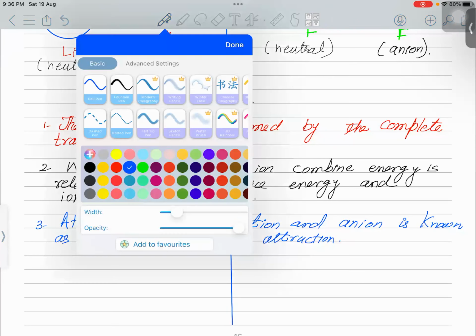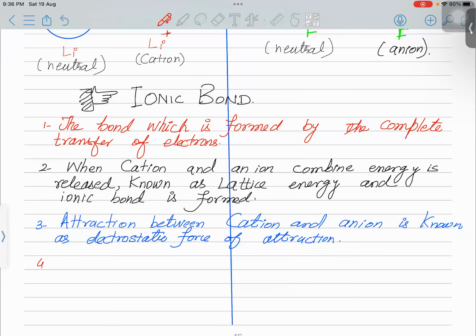Point number 4, ionic bonding is the strongest bonding. Why?